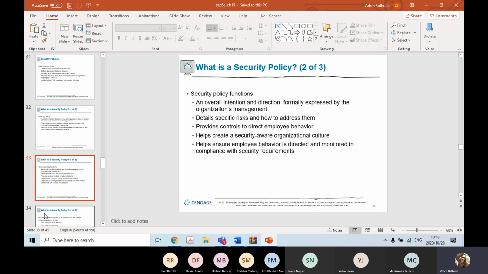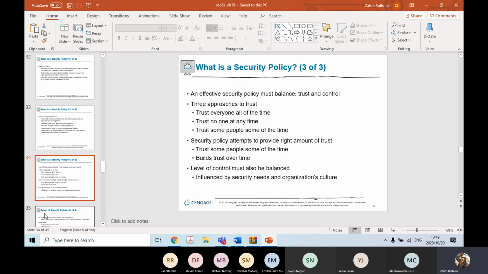And the functions of a security policy: the overall intention and direction formally expressed by the organization's management; it provides details on specific risks and how you would address them; provides controls to reduce the risks and help direct employee behavior; helps create a secure, aware organization culture; and helps ensure employee behavior is directed and monitored in compliance with security requirements. So what is a security policy?